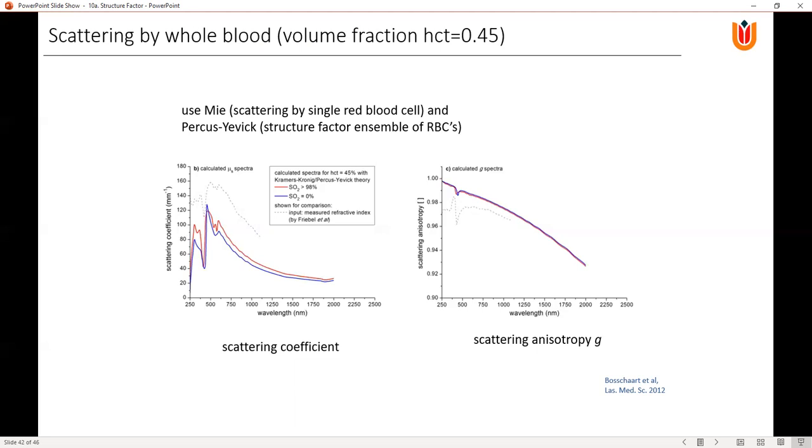So same question again. Throwing a graph in your face, and my question is, what do you see? What do you notice? Is there anything strange? Let's start with the scattering coefficient. Any first observations?